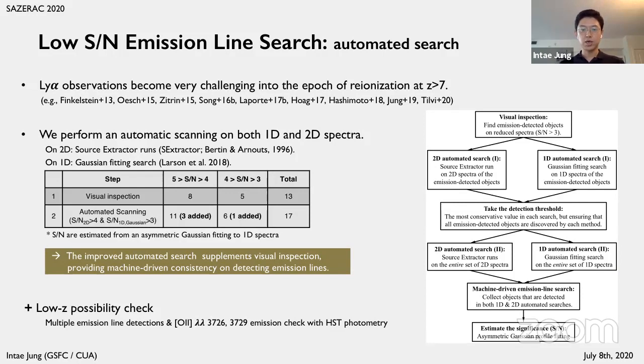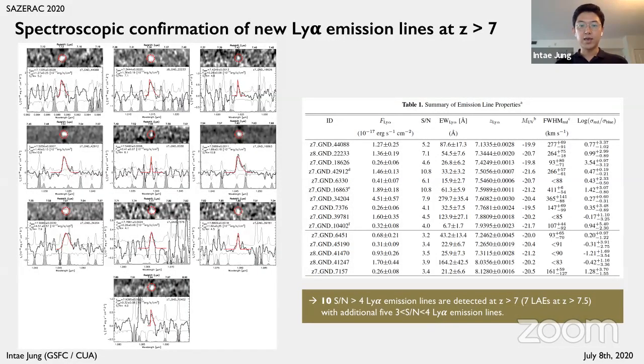We also checked all low redshift possibilities and finalized the list of Lyman Alpha emitters. Finally, we detect Lyman Alpha emission lines from 15 galaxies in total from 70 galaxies, and 10 of them are detected at 4 sigma level, displayed in the left and listed in the top rows in the table in order of their spectroscopic redshifts.